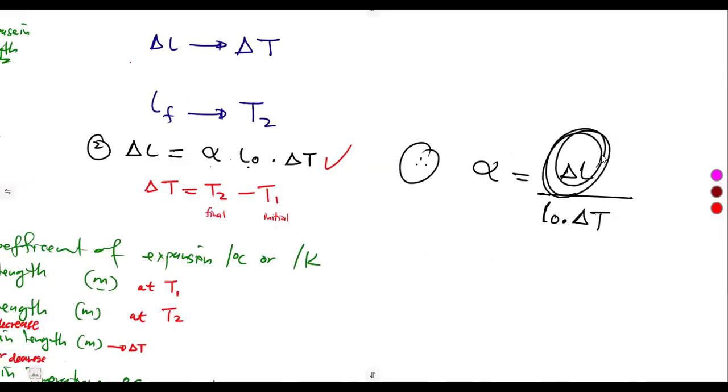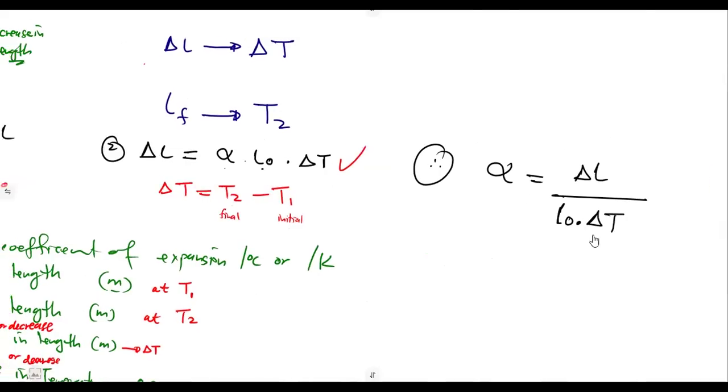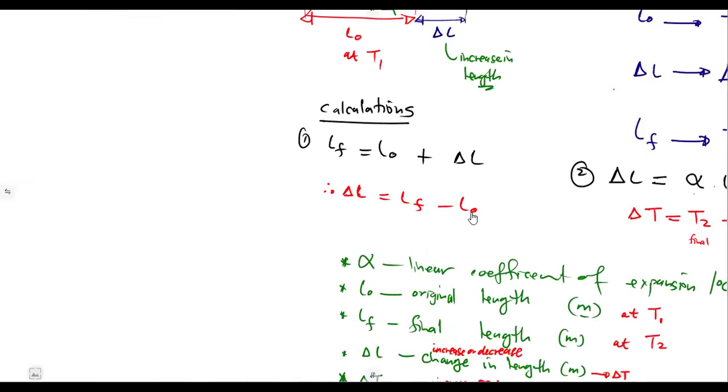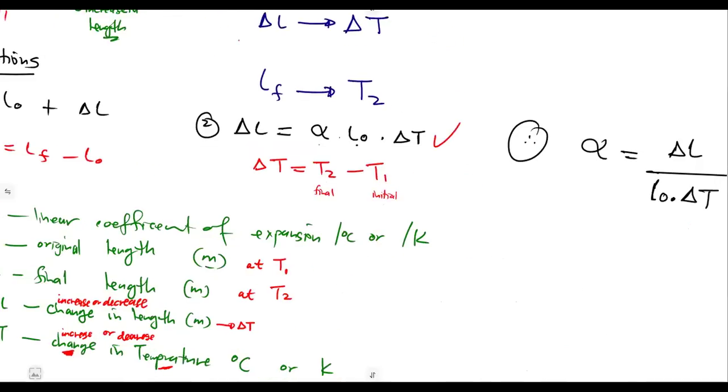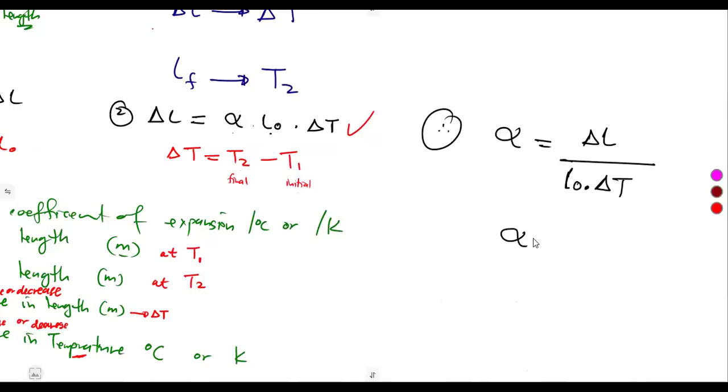But remember that the change in length can be determined from the final minus original length. This is the change in length. Final minus what? Original. So in place of the change in length, we can have final minus original over the original length times the change in temperature, T2 minus T1.